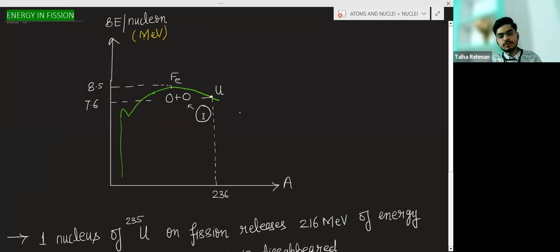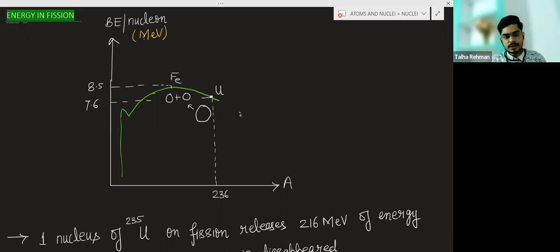This uranium-236 will break into barium and krypton. You can consider these having more binding energy per nucleon as compared to the uranium nucleus. So you can say this uranium-236 is less stable, and these two daughter nuclei are more stable.